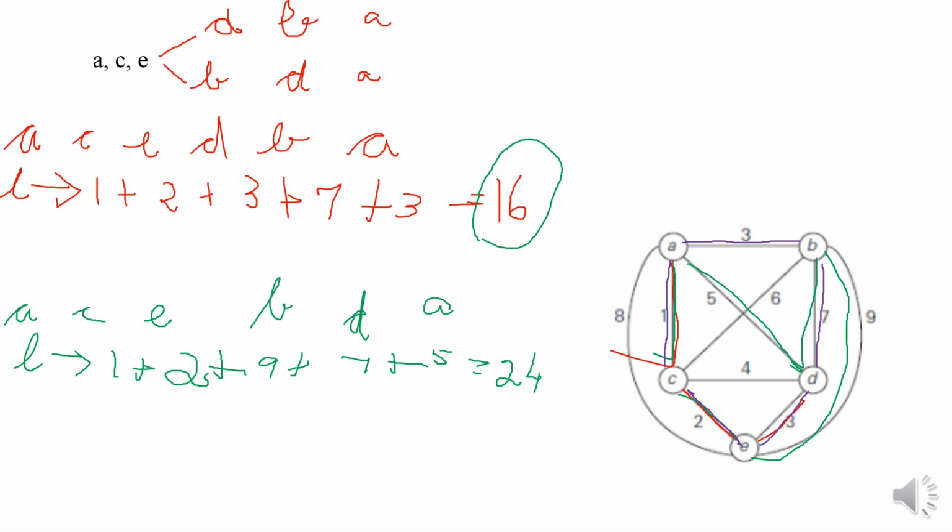Because this is undirected, this would be the same path that you are going to traverse. So that's why they have not expanded this particular second node 2. You will be getting the same path.